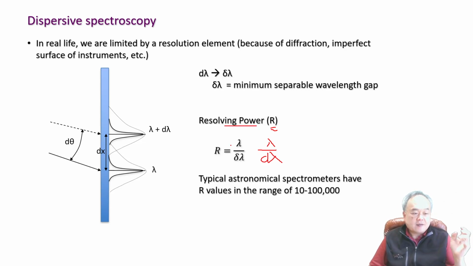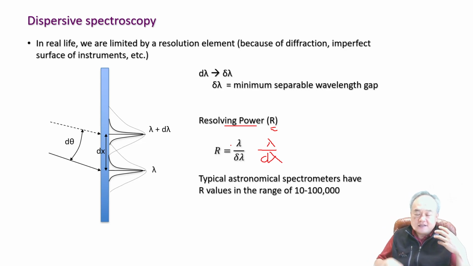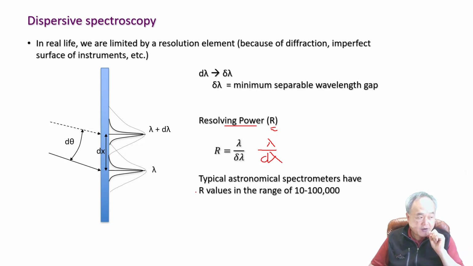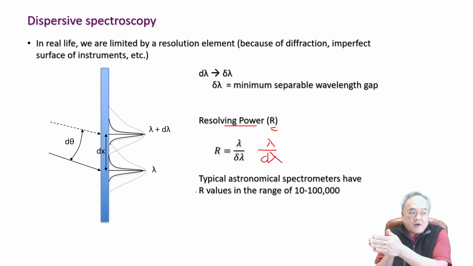Okay? Typical modern-day astronomical spectrometers have resolving power values in the range of 10 to about 100,000. Sometimes you need very low spectral resolution, meaning low resolving power, so that you can cover a really wide spectral range.